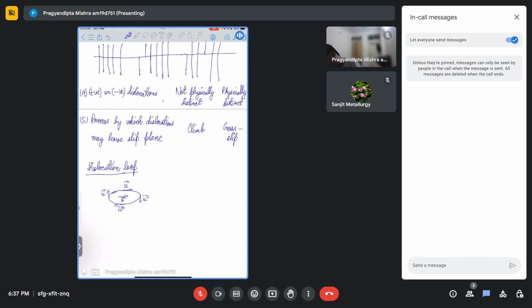So, if I label these as point A, B, C, D, what I can say is at A and C, the Burgers vector is perpendicular to the dislocation line. So this is edge.